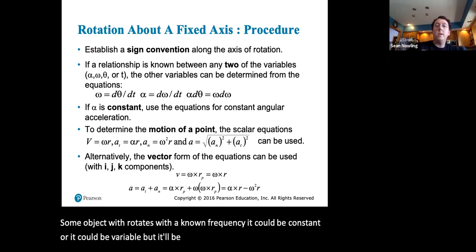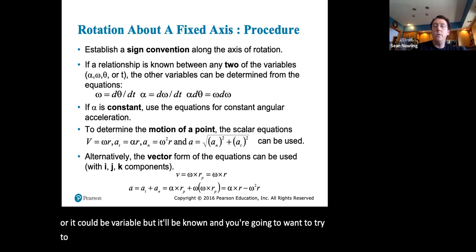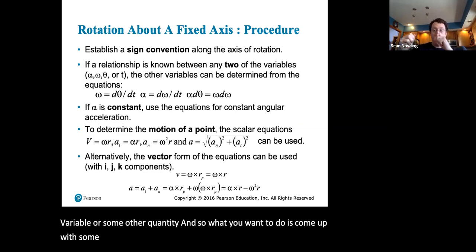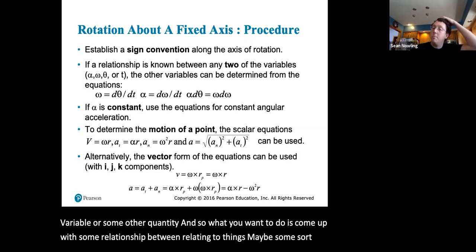And you're going to want to translate that into some sort of statement about maybe a linear variable or some other quantity. So you want to come up with a relationship relating two things, maybe some sort of geometry problem.